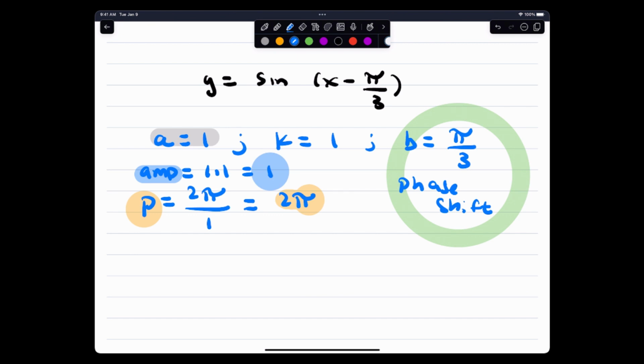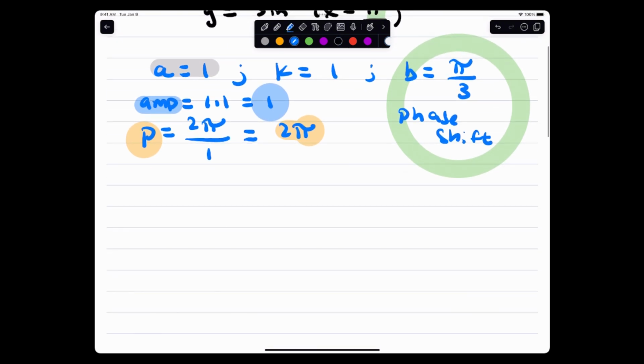Easy peasy lemon squeezy, right? So what do you guys need to find again? I'm going to put this here, and I'm going to circle it in red. You're going to need to find the interval of one cycle. Always remember the definition of the interval of one cycle. It's going to be B and B plus P. So this is where there's going to be some addition here, ladies and gentlemen.